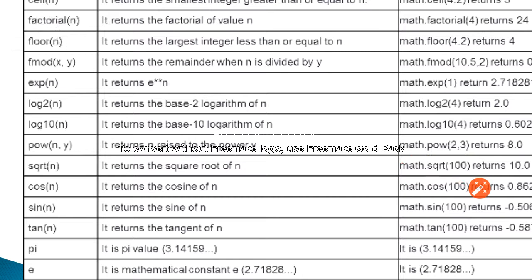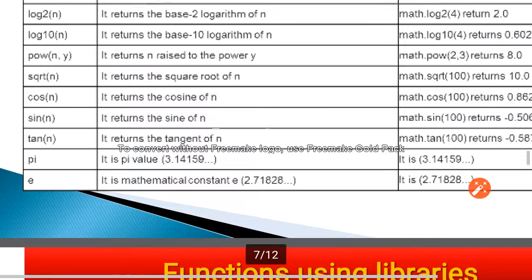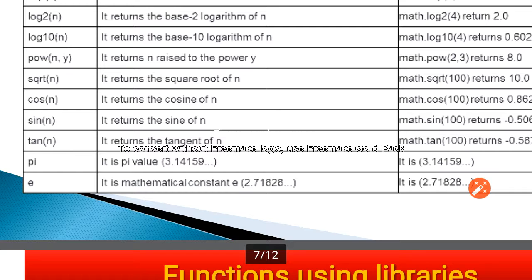Now after that, pi. All of you know that is pi, and its value is 3.14159. Basically we use 3.14. Pi is a constant, so you can use it anytime you want. Suppose you want to find out the area of a circle. For that we need pi r square, right?